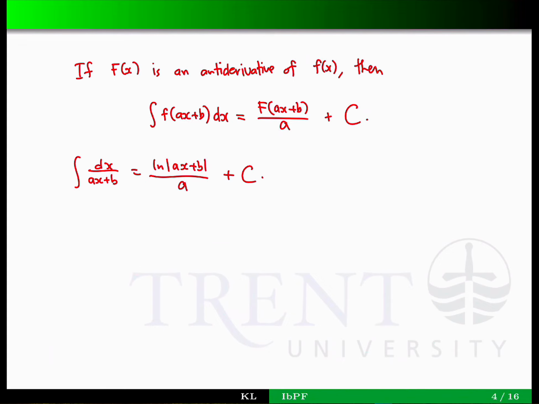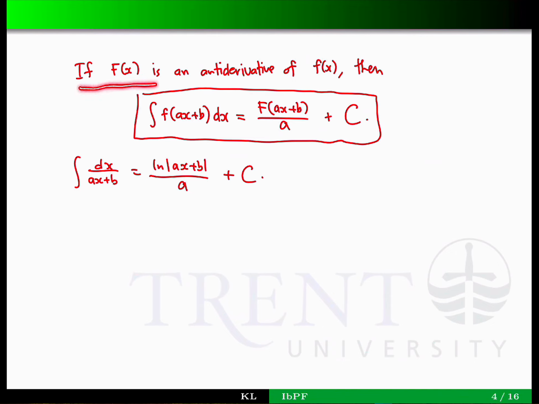But in general, this identity here is true, again, if capital F of x is an antiderivative of small f of x. And this can be done if you only have a linear expression inside. If it is quadratic inside or whatever, you might need more. But in this case, we only want linear.